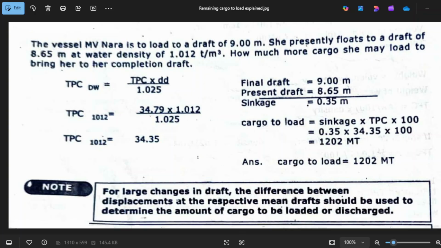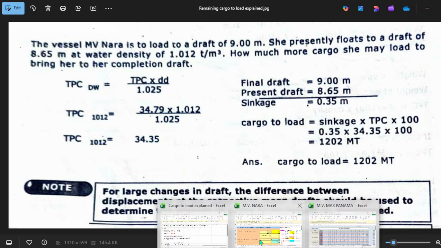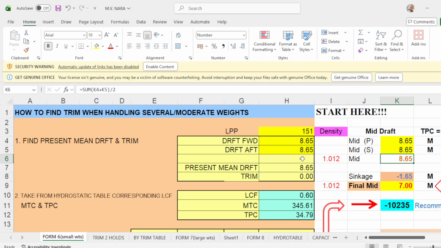So meaning, with this draft, she is already floating in 1.012, meaning with this draft, you take out the TPC, which is also 34.79, floating in a density of 1.012. Do you agree?